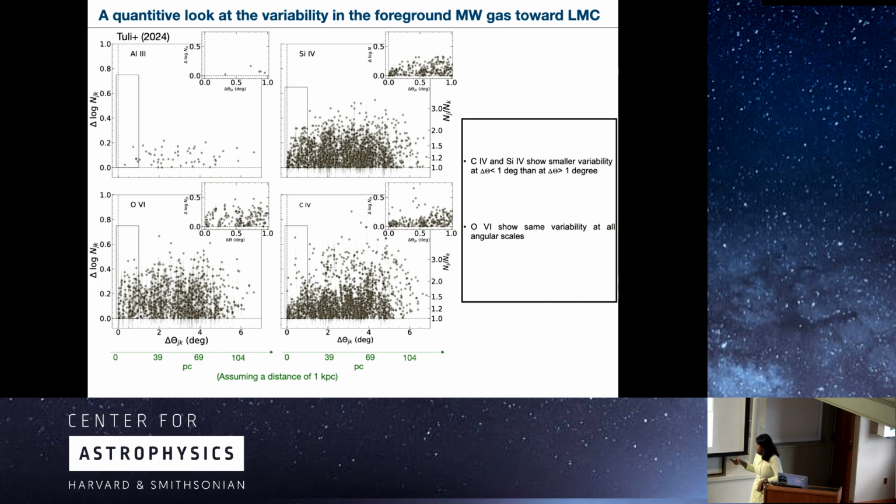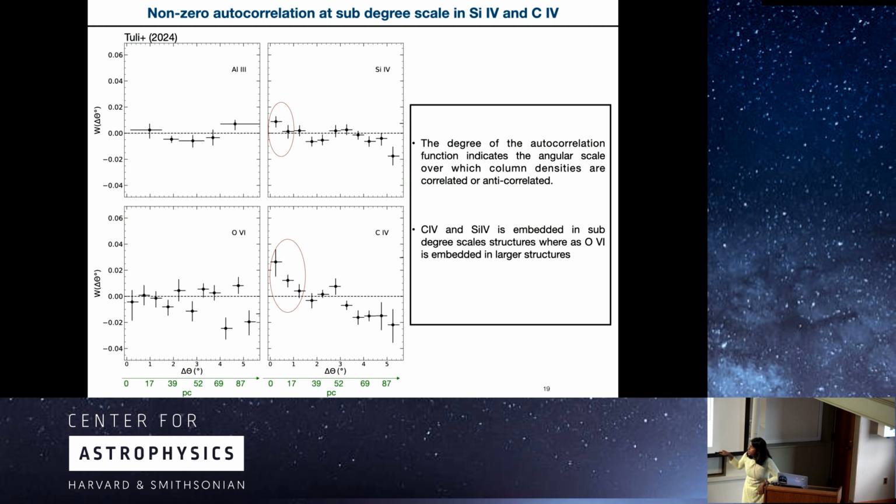So that's interesting. And I have also measured the autocorrelation function, which is statistically telling me the amount of correlation between one measurement here and one measurement there. What I'm seeing is that at sub-degree scale for carbon-4 and silicon-4, there is a little bit of signal telling me that there are structures at sub-degree scales in this direction in the carbon-4 and silicon-4 gas.